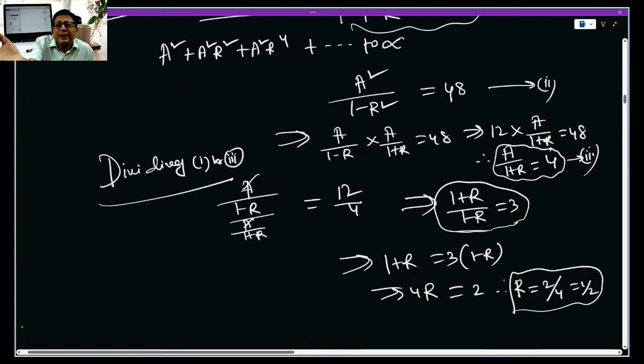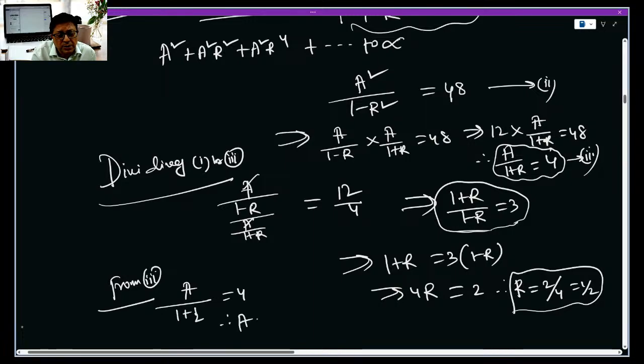Then you can get the value of A. You just put the value of R there. From 3, put R over there: A by 1 plus half equal to 4. So the answer is equal to 6. Okay. So you got R equal to half and A equal to 6.